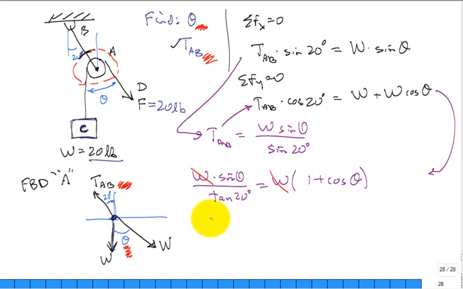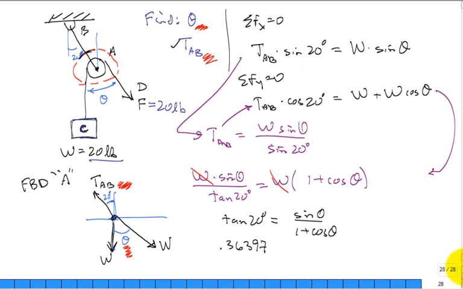So what I did was I put it like this. I said, well, the tangent of 20 degrees is equal to the sine of theta divided by 1 plus the cosine of theta. And then I said, okay, what is the tangent of 20 degrees? It's 0.36397.